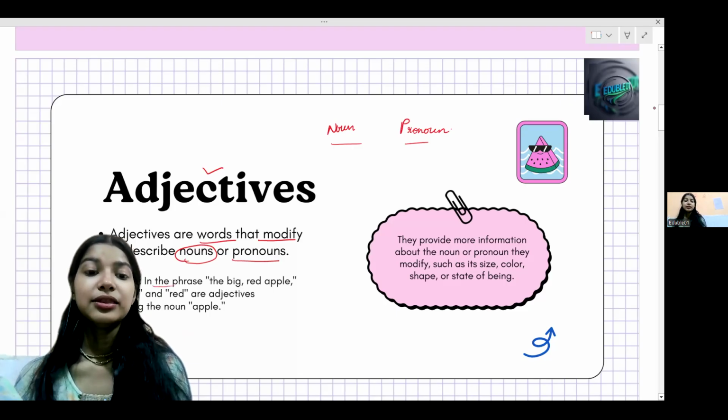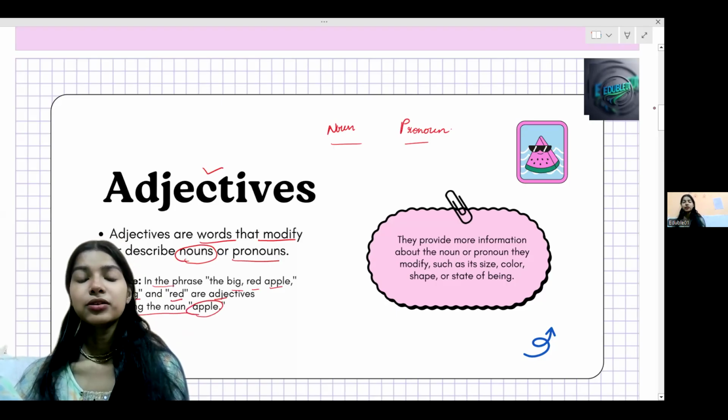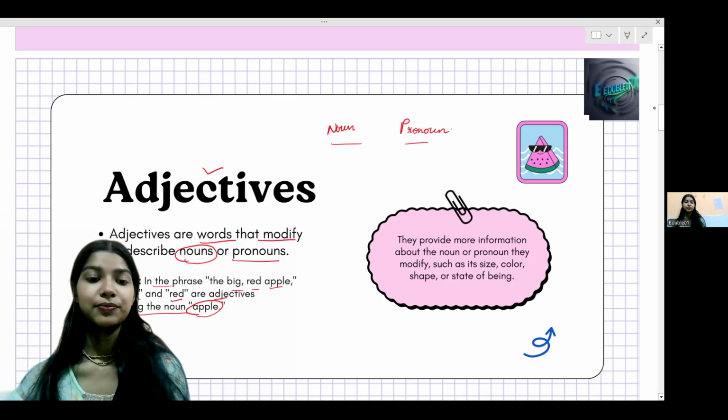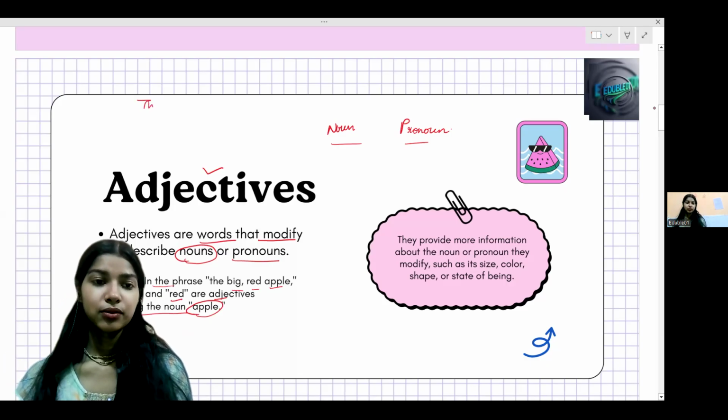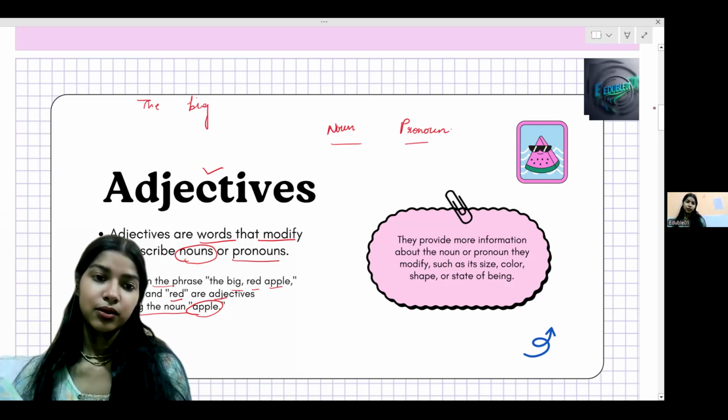Just like in the example, the phrase "the big red apple", both big and red are adjectives describing the noun apple. So we are going to see a sentence, "the big apple".